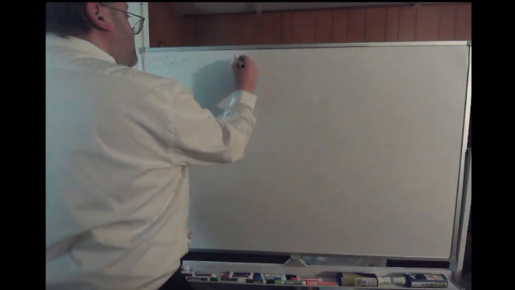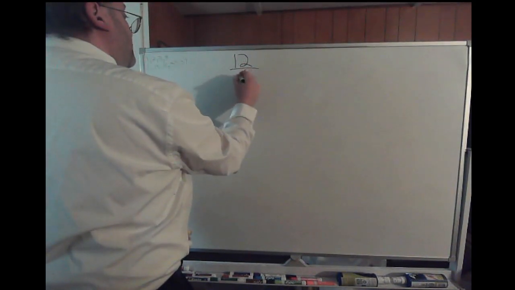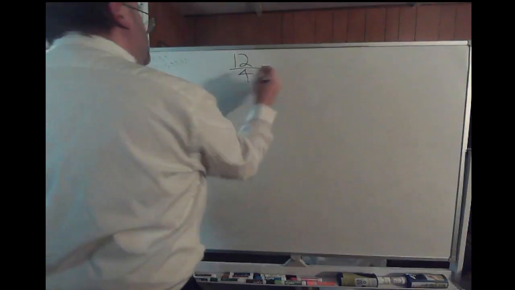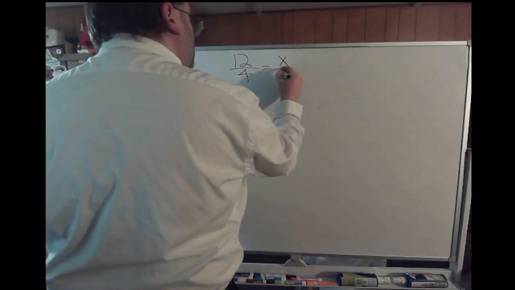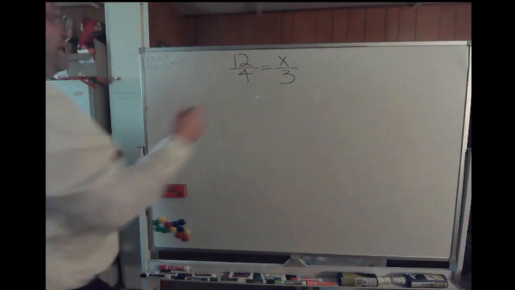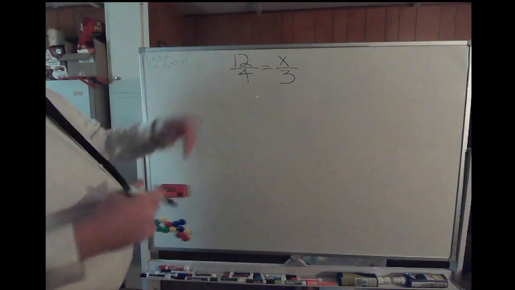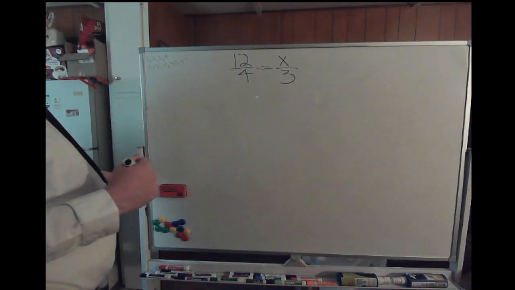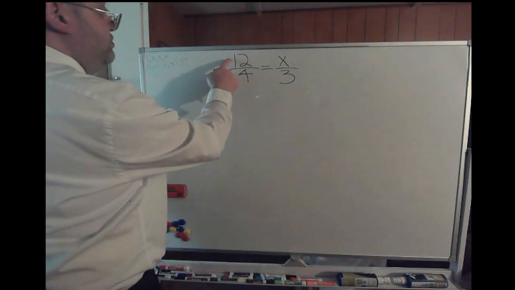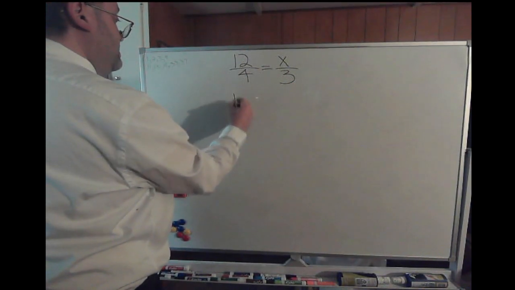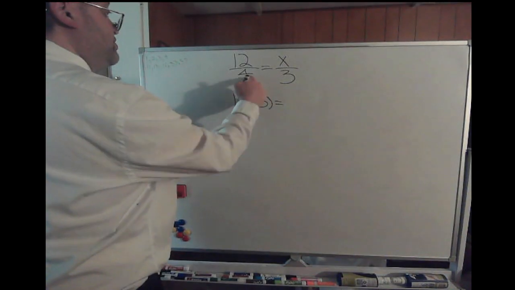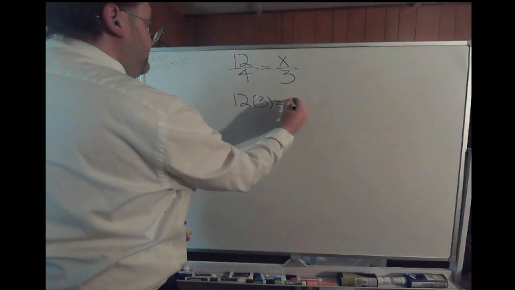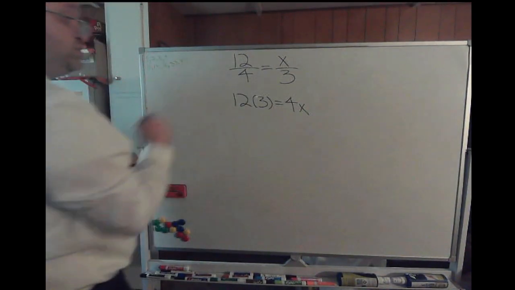Alright, we got 12 is to 4. 12 is to 4 as x is to 3. So we need to find that value of x that makes these two ratios proportional. So again, you're going to do the cross products. You'll do 12 times 3. You'll have 12 times 3 is equal to 4 times x, which would just be 4x. Now what is 12 times 3?